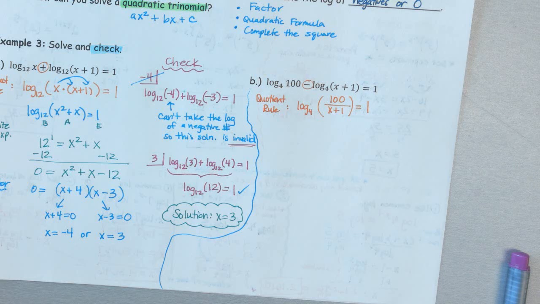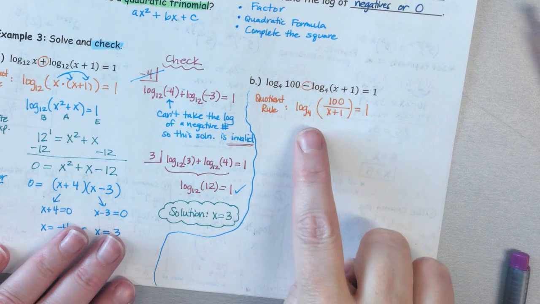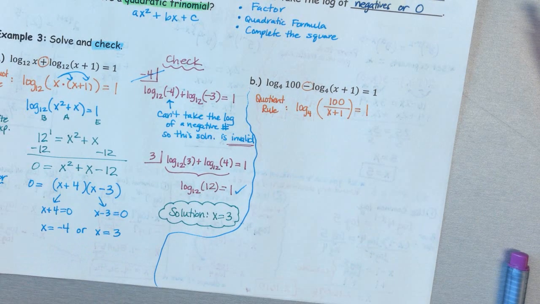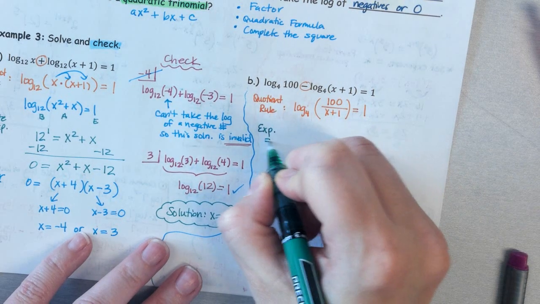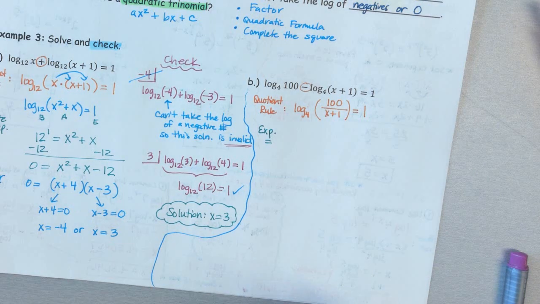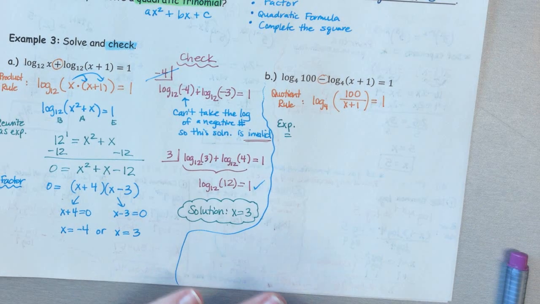Okay. All right, and then from here, once you use that to get a single log, now is where you rewrite as an exponential function. Okay, so exponential equation is what you want to do next. Okay, Julianne, will you tell me what that equation will be?